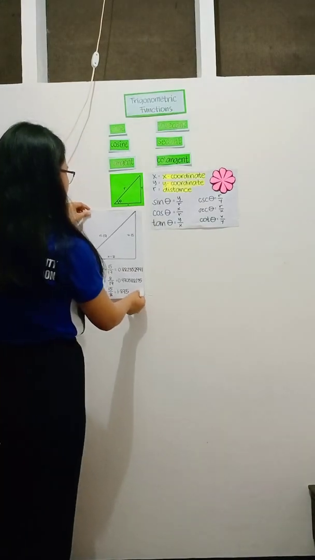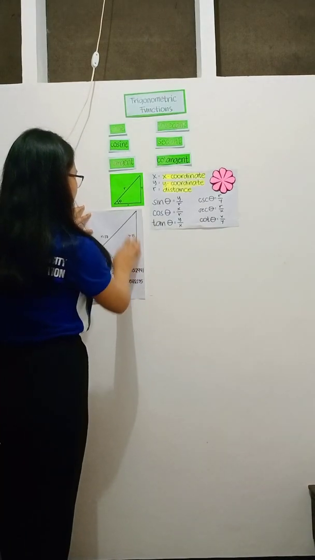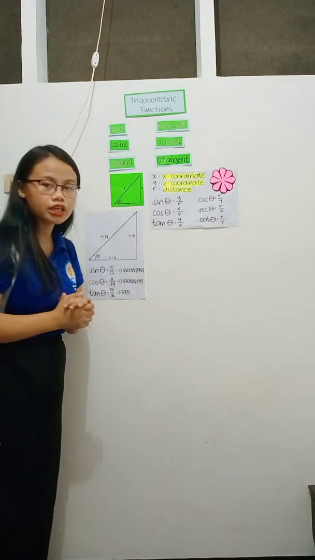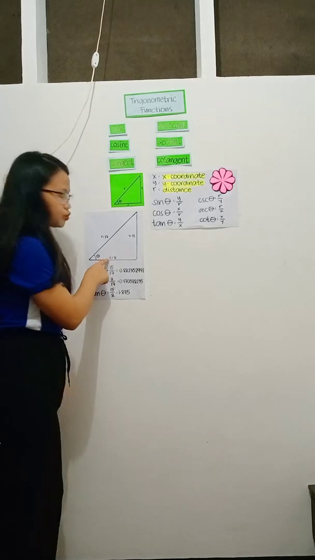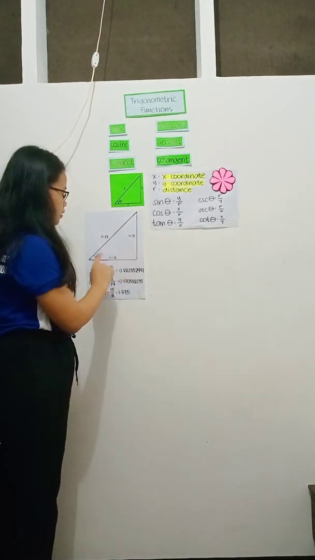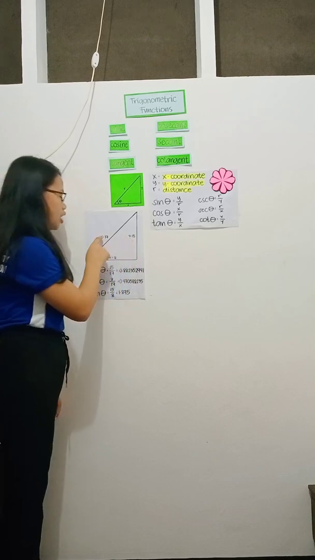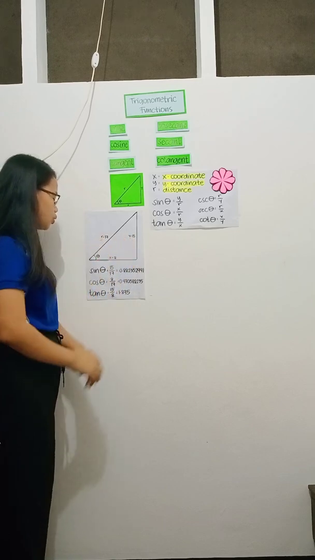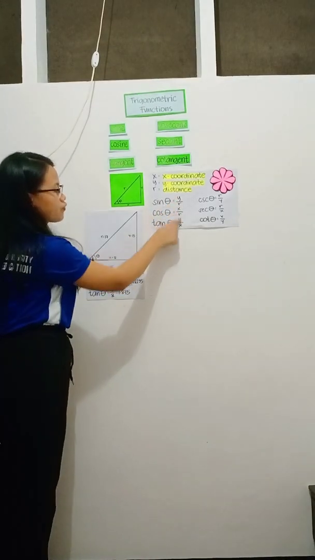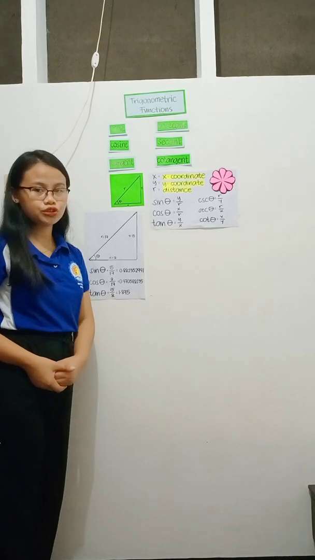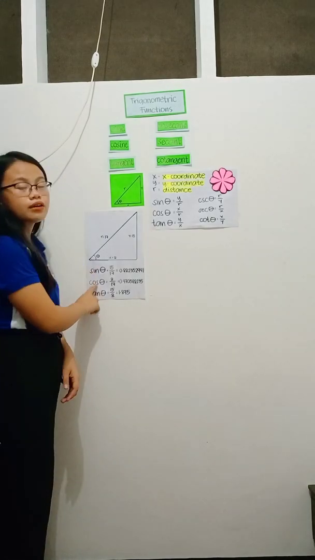Take a look. I have an example here. First example, again a right triangle. The length of x is 8, y is 15, and r is 17. Using this formula, we just substitute, then we'll get the answer for those functions.